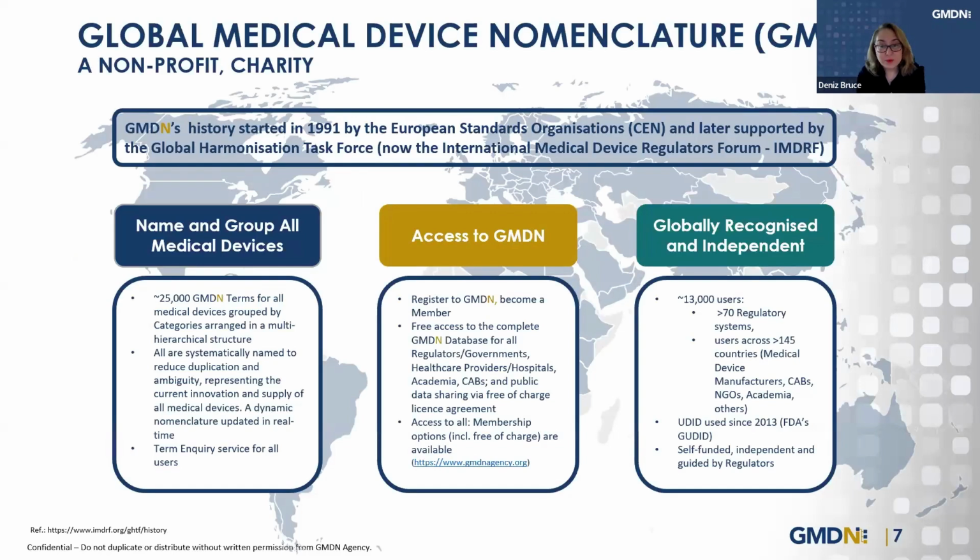Okay, so very brief. GMDN is a non-profit charity based in the UK. Its history started back in 1991 when the European Standards Organization, and later supported by the Global Harmonization Task Force, which is now IMDRF, thought that the world needs a nomenclature with a single common understanding.